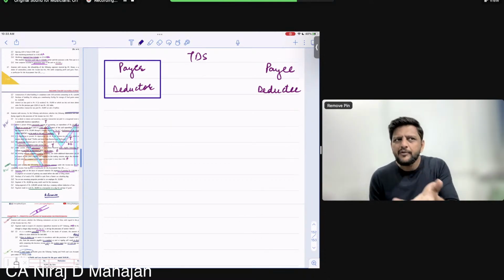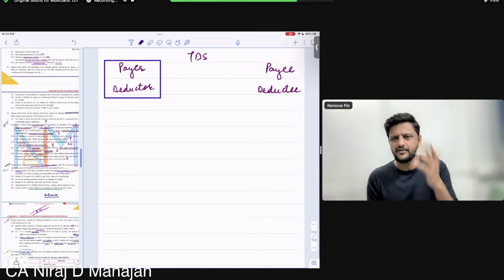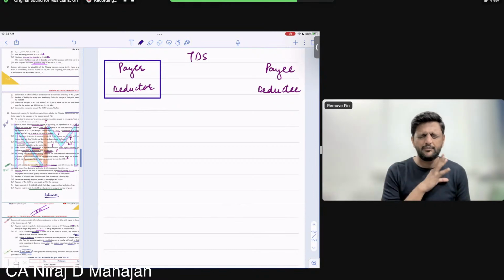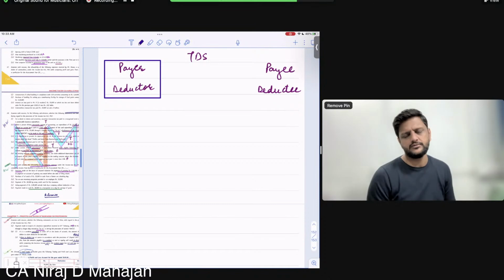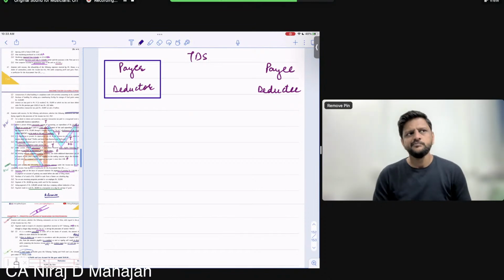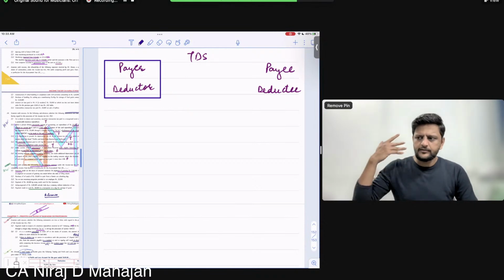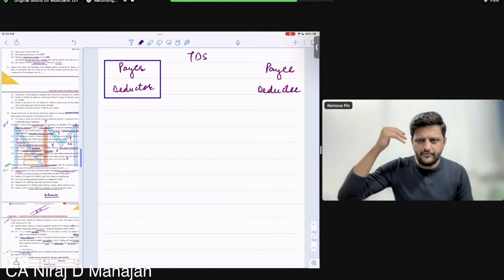Let me ask you a very simple, stupid question. The answer might come to you logically. If the salary paid by the employer to the employee is but rupees 10,000 per month, that's it. Actually, I'm not asking you the question, I'm giving you the answer only.